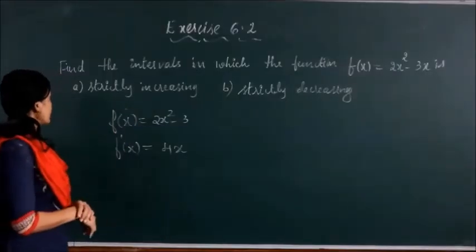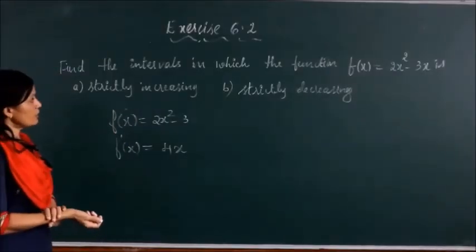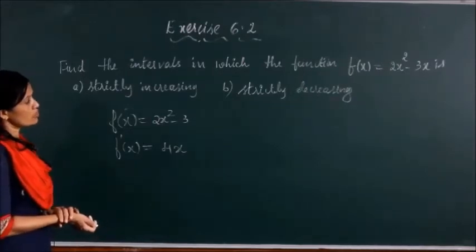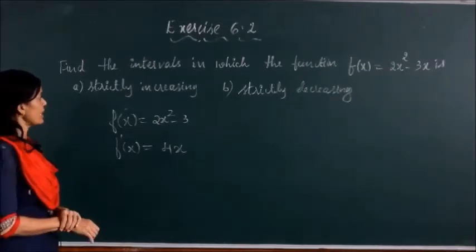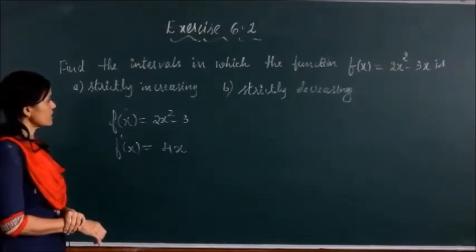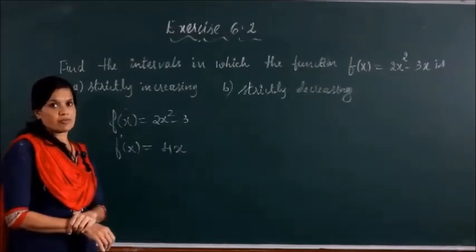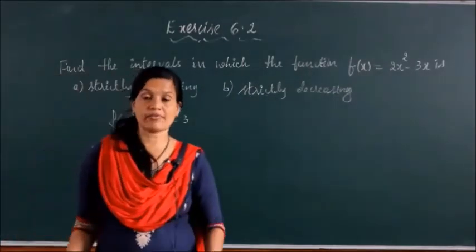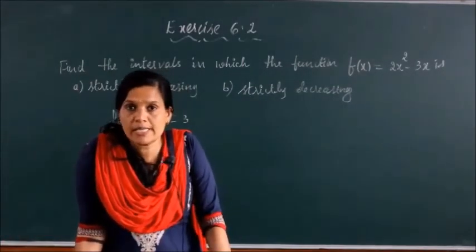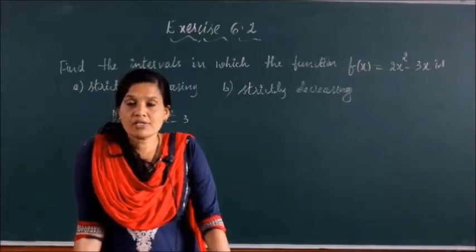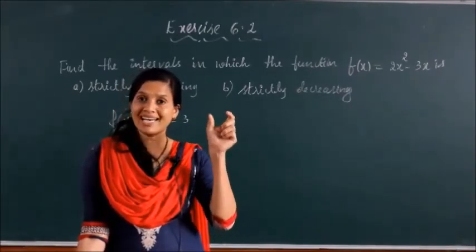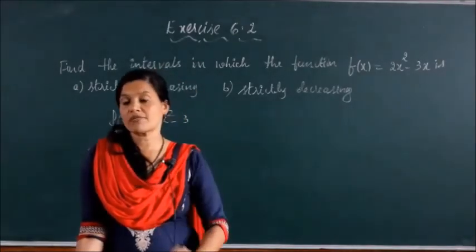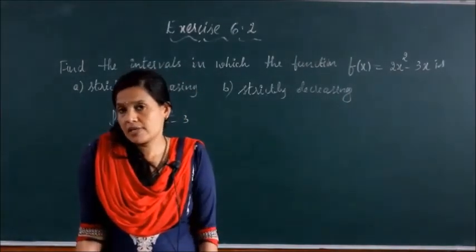Look into this question. Find the intervals in which the function f given by f of x is equal to 2x square minus 3x is strictly increasing and strictly decreasing. Here it is not asked to check whether the function is increasing or decreasing. They did not ask you. They asked you to find out the intervals, in which interval the function is strictly increasing and in which interval the function is strictly decreasing.